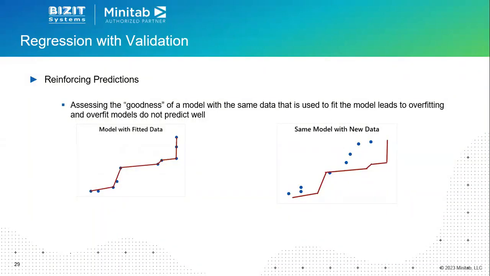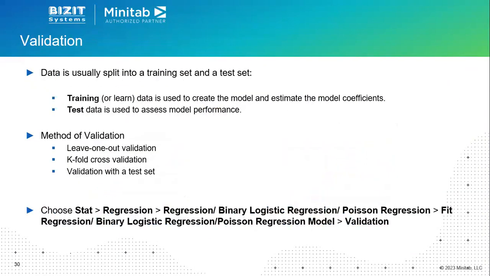Because before this we assume that when you have the fitted model and use that model to do the prediction, the model will be good. But before you go for that, you must do the evaluation part within your historical data also. That's why there will be validation.